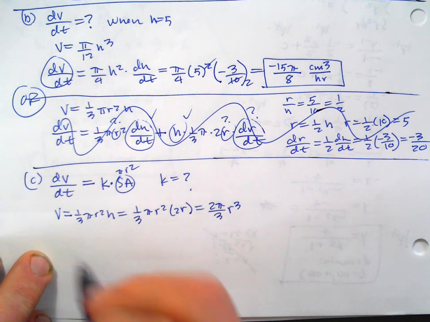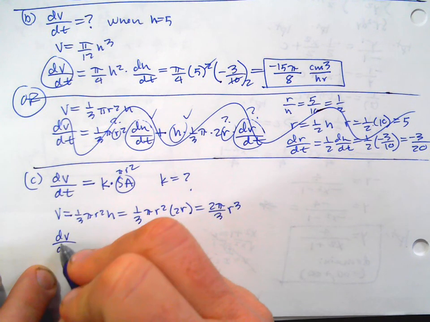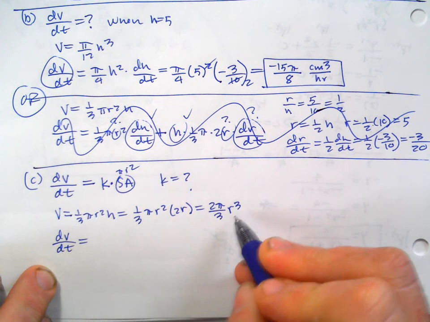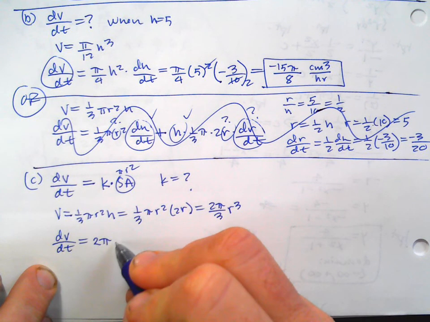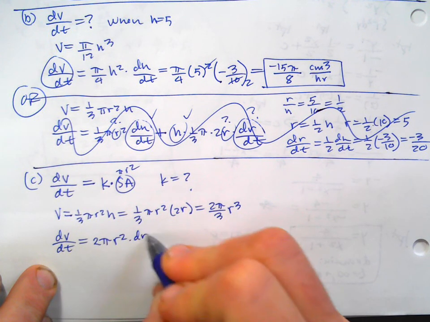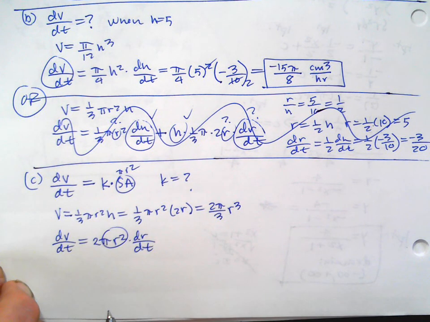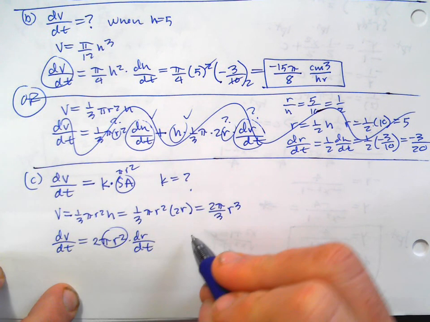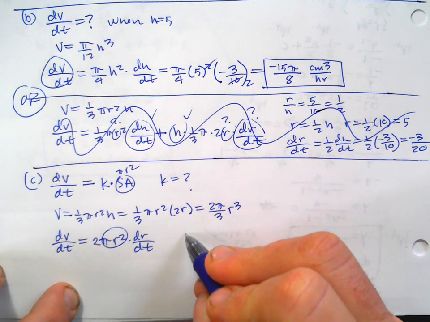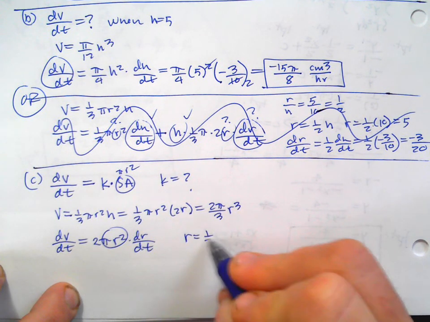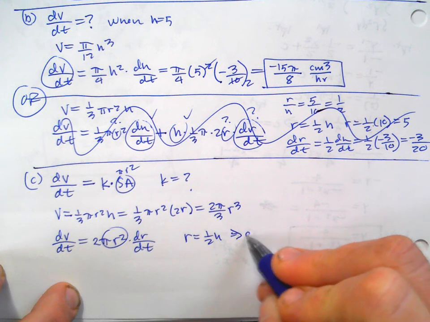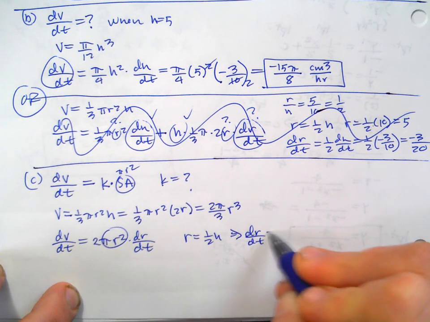So now if I take the derivative of this implicitly with respect to time, I get 2 pi r squared dr/dt. And look, there's our pi r squared. And we've got to figure out dr/dt. So we have to use the fact that r equals 1/2 h. So dr/dt equals 1/2 dH/dt.